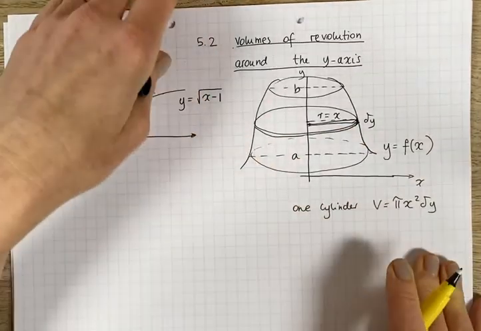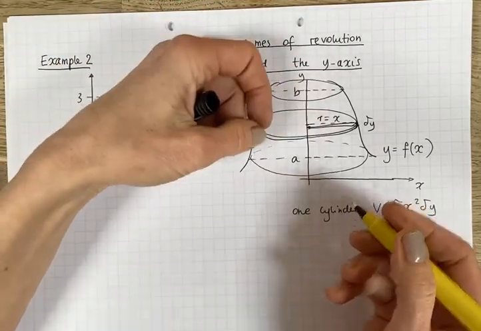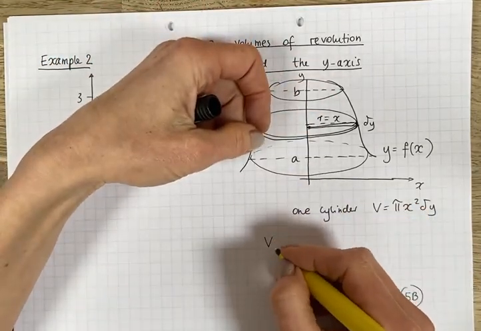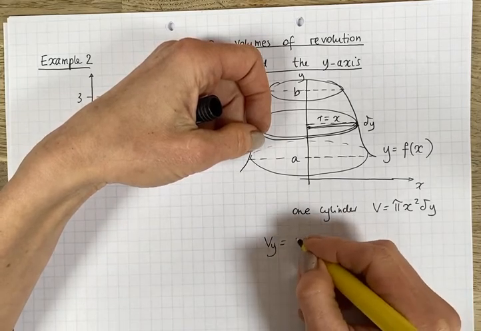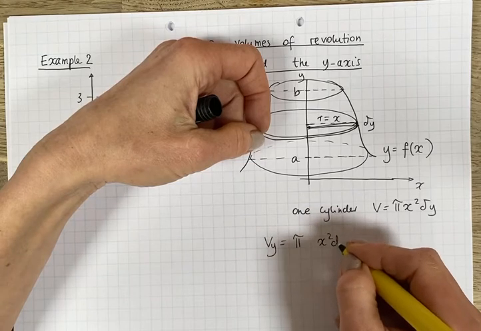And this is actually already our formula, except we will have an infinite number of those slices. So the volume around the y-axis is pi times the integral of x squared dy.